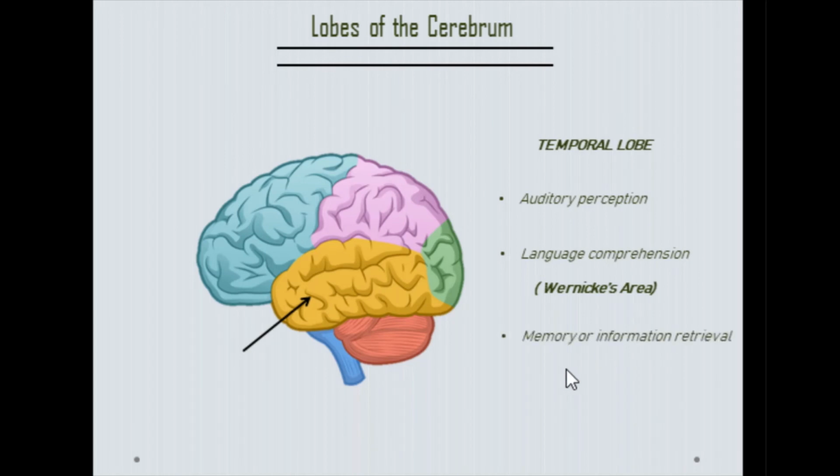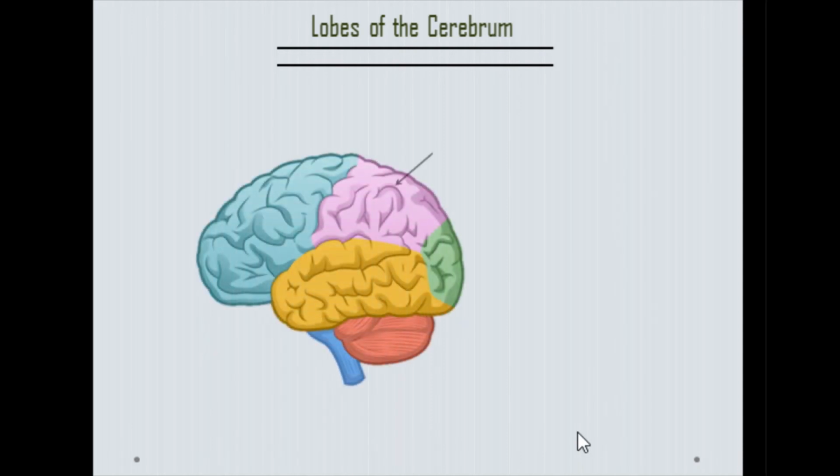And the last one, it functions for memory or information retrieval. You can remember. What is this? Temporal lobe. Very good. Next, let's move on to the third lobe.